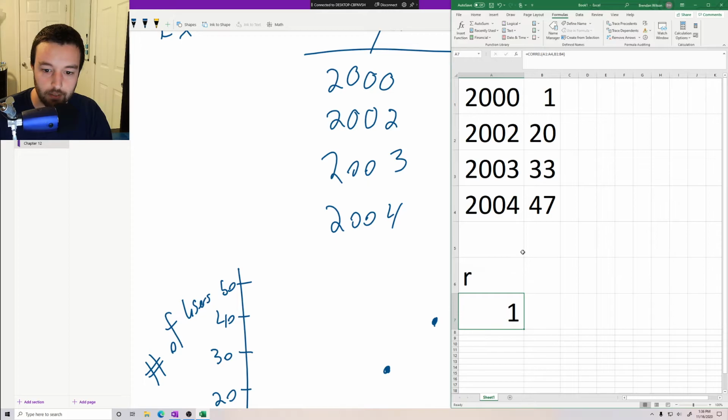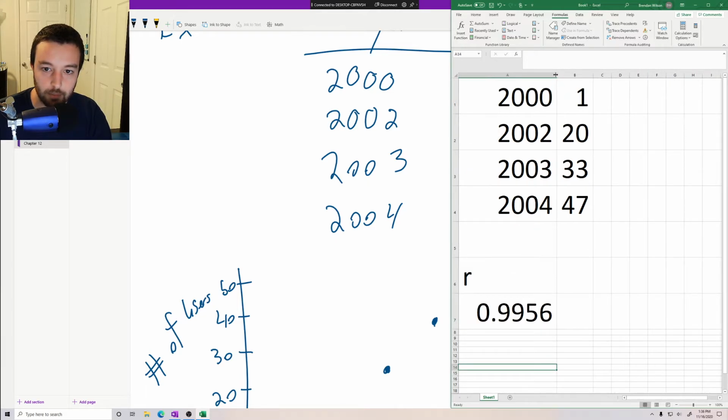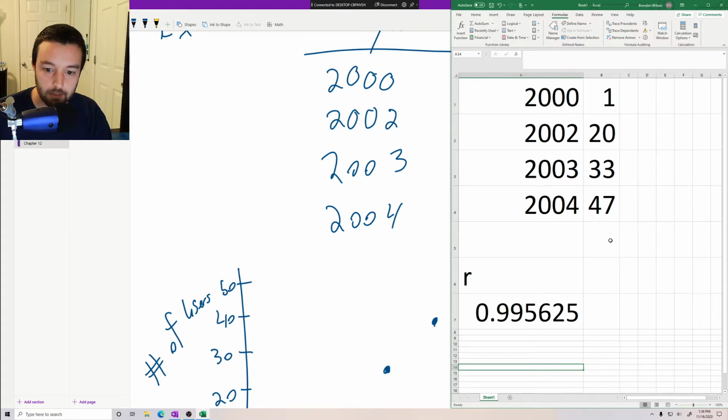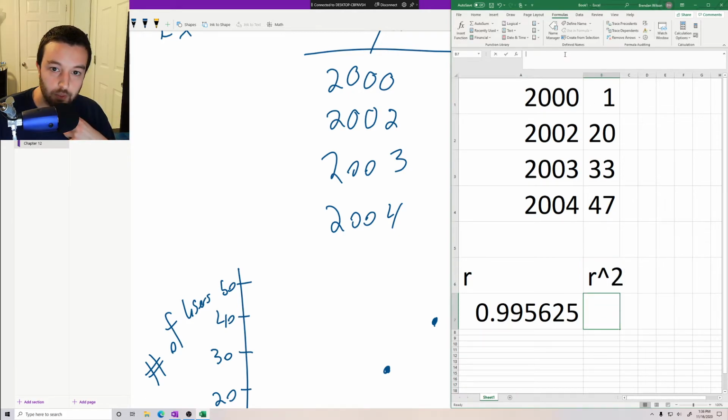It actually is rounding to 1, which we don't want because we know it's not a perfect relationship. If it doesn't have enough room to display the decimals, it'll just round it. So let's make this bigger. We see R is 0.99565. So for R squared, we can just make a formula.